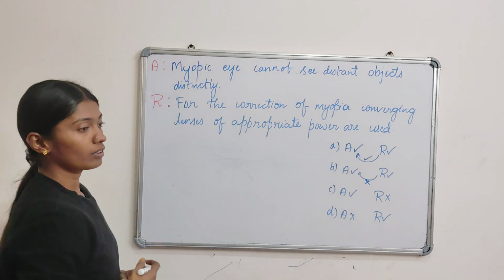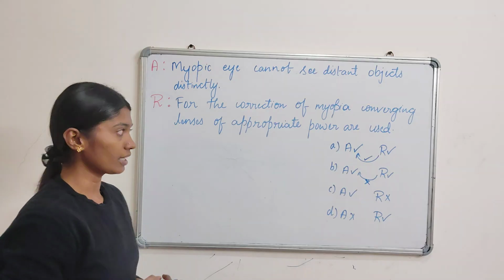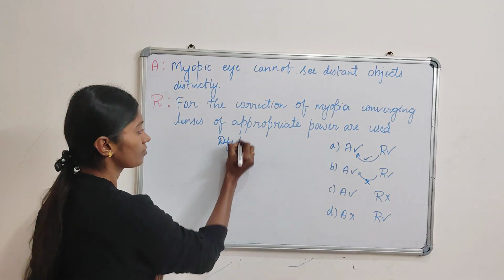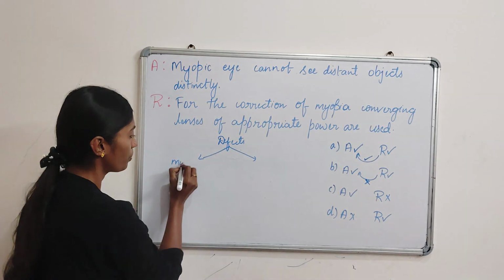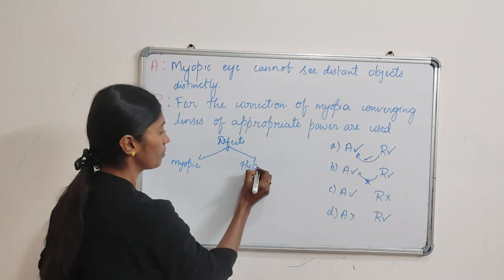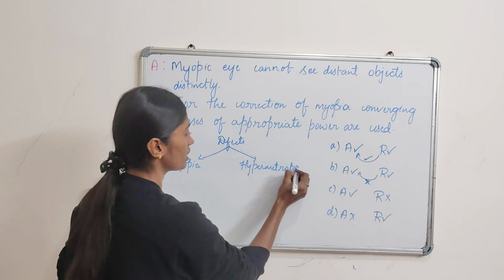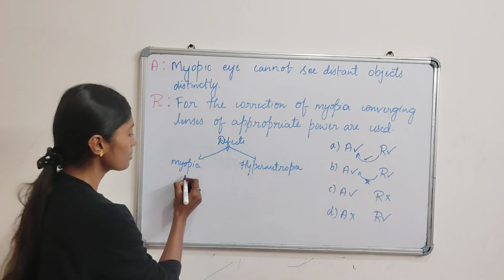The question is based on the chapter Human Eye and the Colourful World from grade 10. We know that defects of the human eye are of two types. One is myopia, another one is hypermetropia. We have one more, that is presbyopia, which we'll discuss in upcoming questions. So what is myopia?